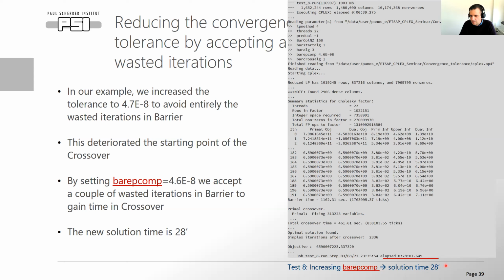So we go down to 28 minutes. Of course, the gain that we get here is small, but this depends on the model instance. So this means that a readjustment of the convergence tolerance will need to find a nice trade-off between avoiding wasted iterations in barrier and also improving the starting point of the crossover algorithm.